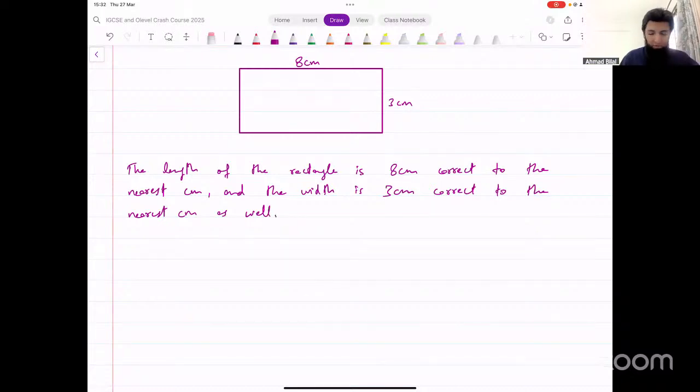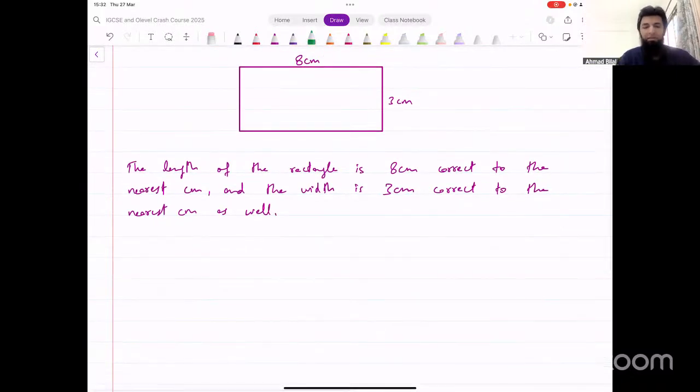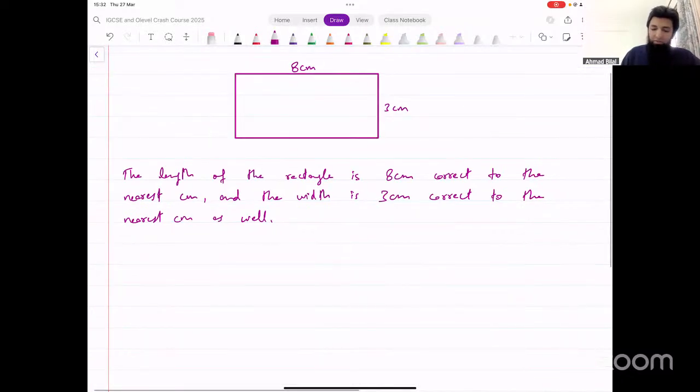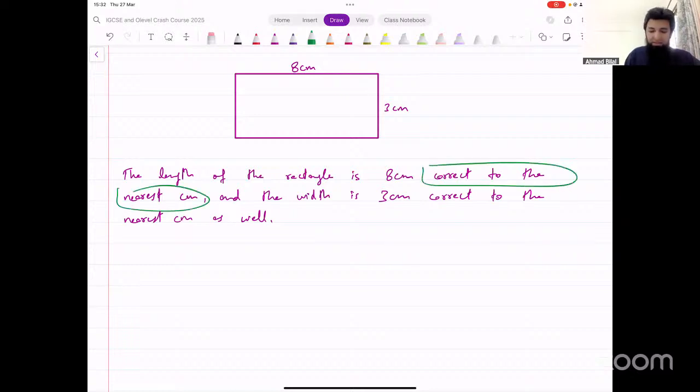Now, what you want to do is find the maximum possible length of this rectangle, the maximum possible width, the minimum possible length, and the minimum possible width. So 8 centimeters is correct to the nearest centimeter. Now, what exactly does this statement mean? Correct to the nearest centimeter.